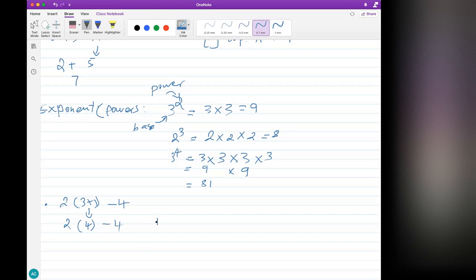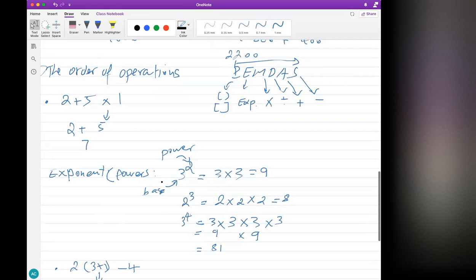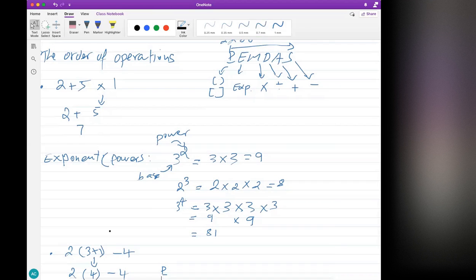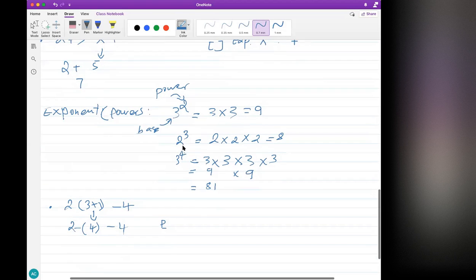So here we did parentheses. What comes after parentheses? Exponents. Do we have an exponent here? No. We don't have an exponent here or power. So we're going to skip the E, go to the M. Do we have multiplication? Yes.